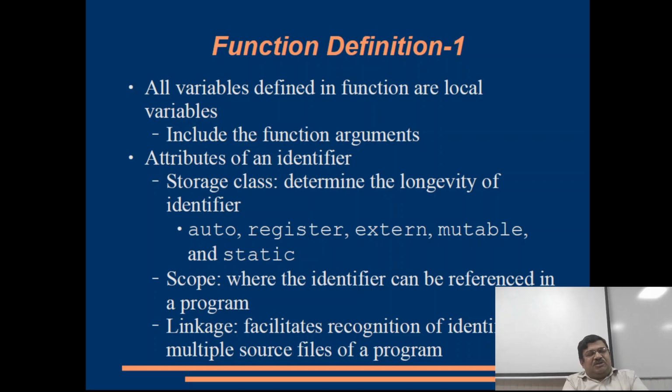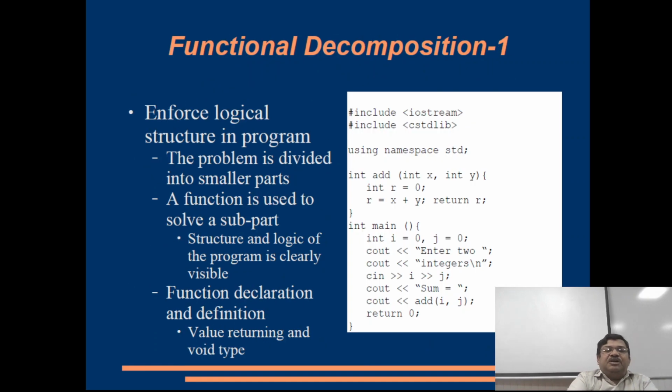In C++, those are called hidden namespaces. In C, that is called local scope. So identifiers which are defined in a particular function are visible only within that function. For example, in that add function, we defined an identifier R. That identifier R is not available anywhere outside the function add. So this is local to add.